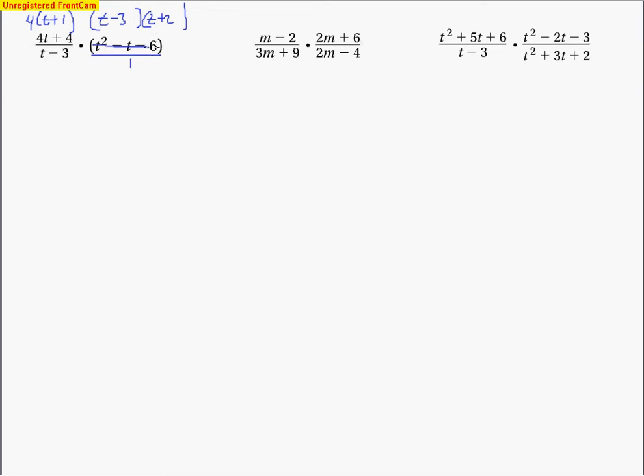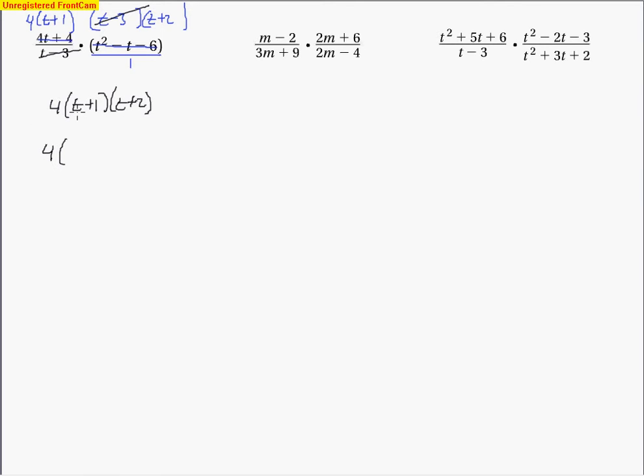Now I'll cross that off, and we can look to see if there's any reducing, any common factors. And we see a little bit here. The t minus 3's do cancel out, so what's left over is 4 times t plus 1 times t plus 2. What we're going to want to do is just multiply this out. I'll leave the 4 off for a little bit.